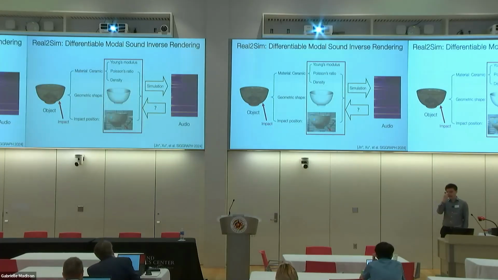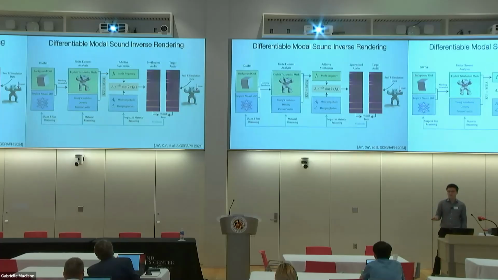Here's an example where we're doing differentiable modal sound inverse rendering. We're trying to recover, using a framework called DiffSound, just based on learning from real impact sound recordings, the Young's modulus, Poisson's ratio, the density, and the shape of the objects. And here's the model we use.